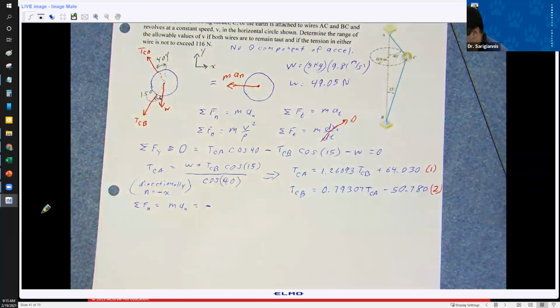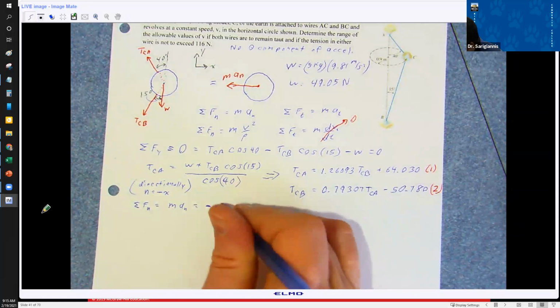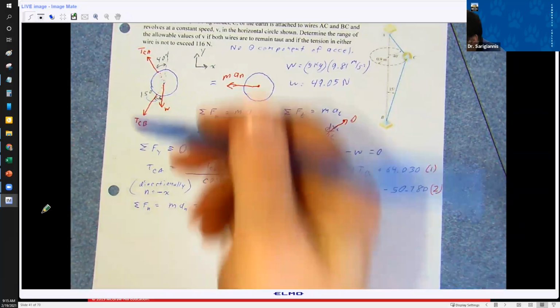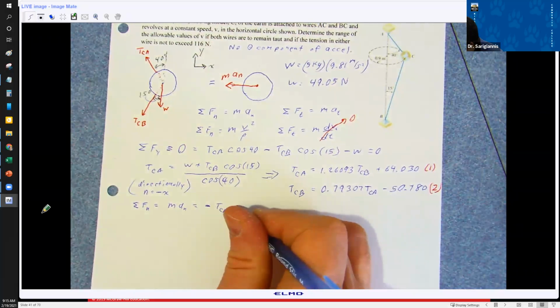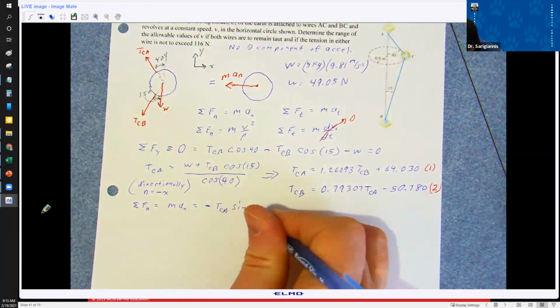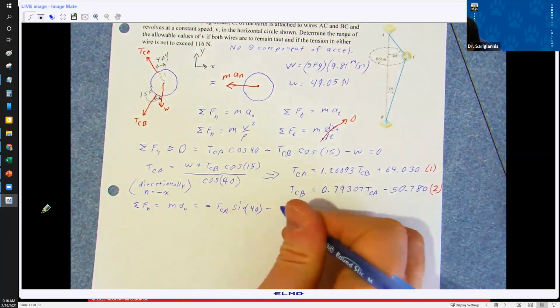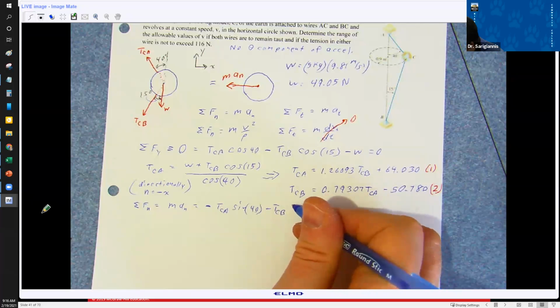Just a little side note. Am I going to have room? That's the question. All right, so we've got TCA on top here, and the x component is negative, and it's a sine 40. And then we've got TCB, which has a negative component again, and that's going to be sine 15.